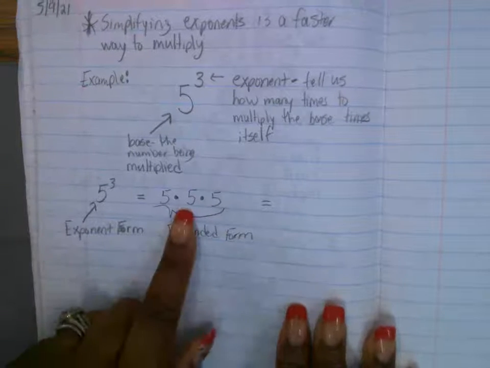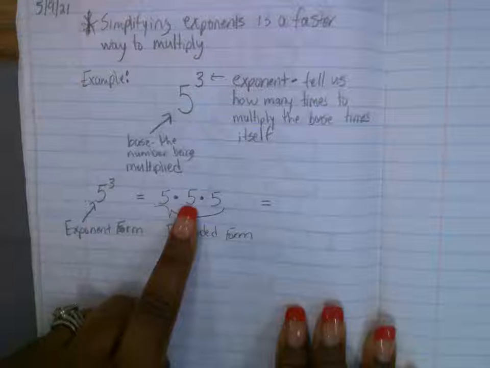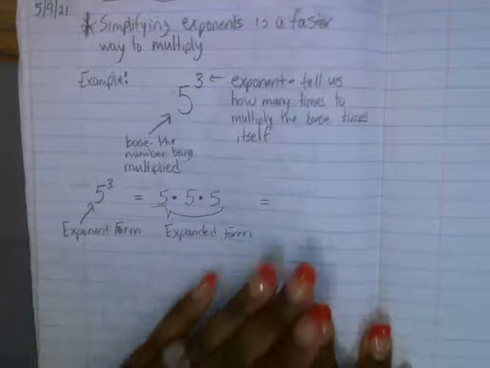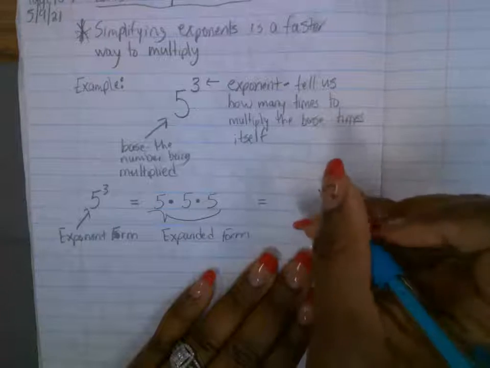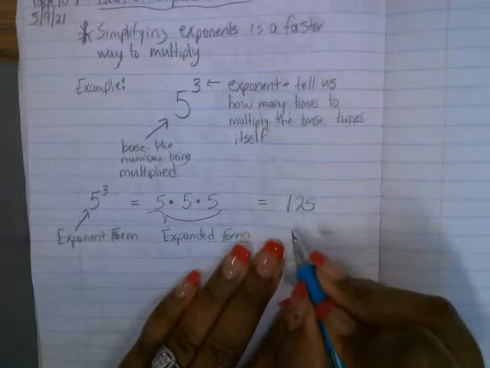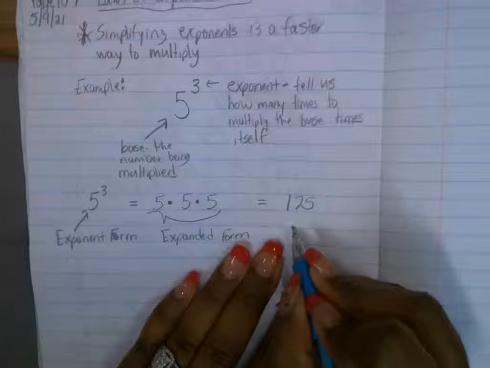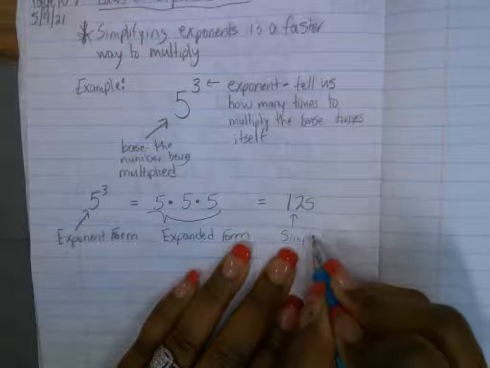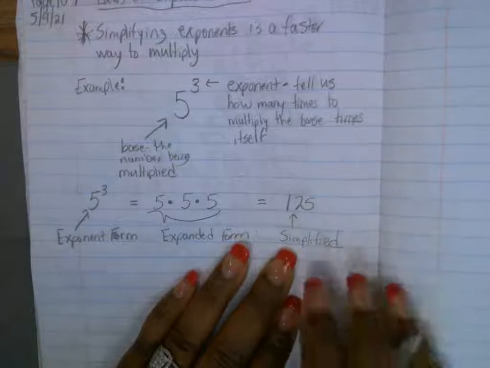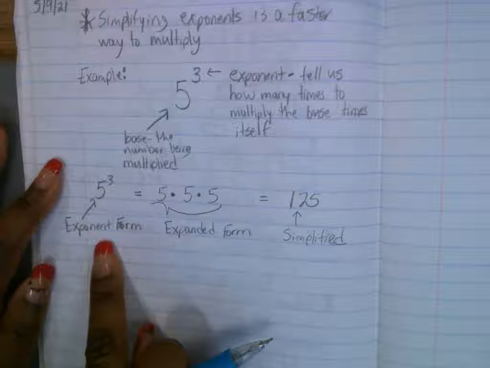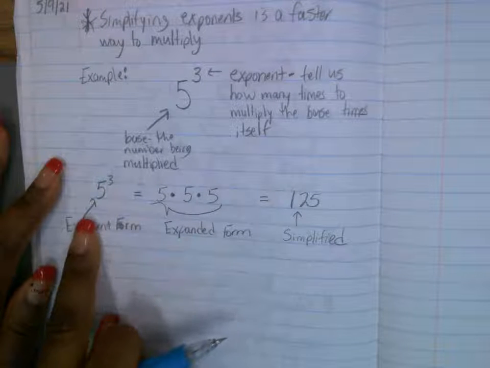The simplified version of this: when we say 5 times 5, that's going to give us 25. And then 25 times 5 gives us what? 125. This is your answer simplified. So if they're looking for the exponent form, that's your answer written as an exponent.